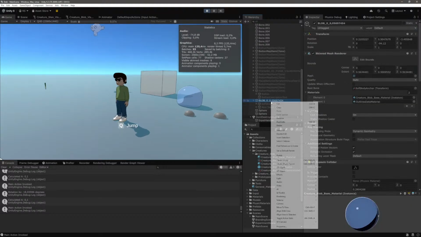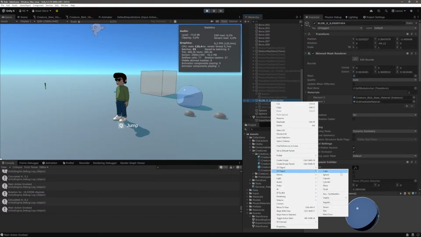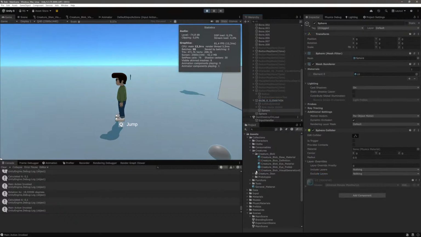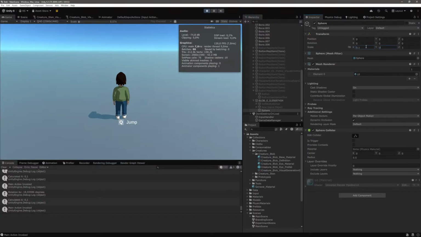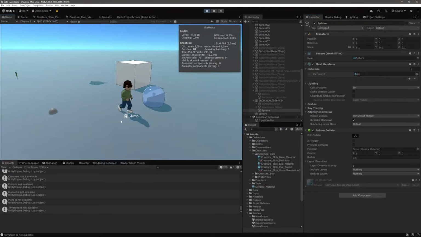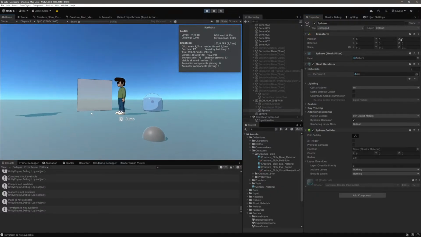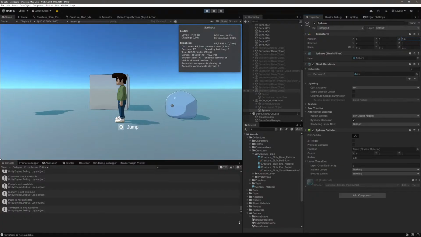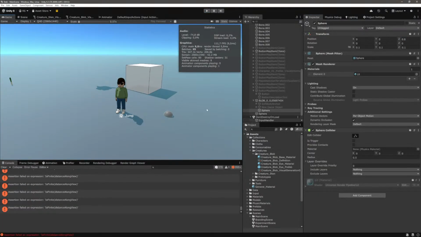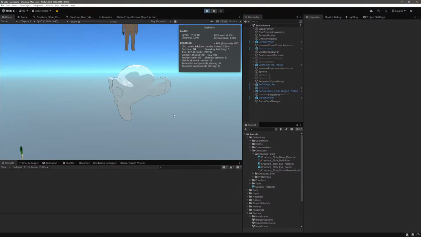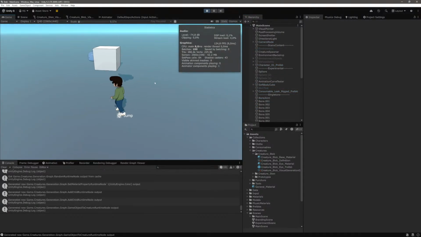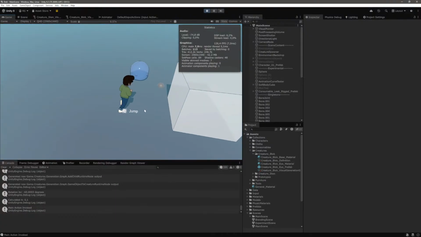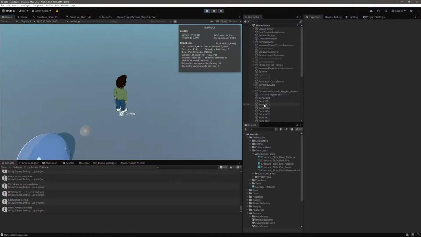Okay, let's do this. Let's add... Okay. I'm still wondering if some of the other rigid body parts of this blob is screwing it up for us.